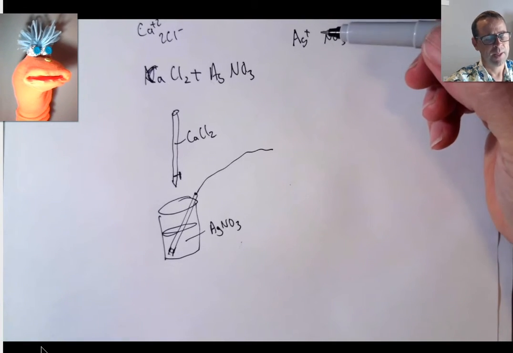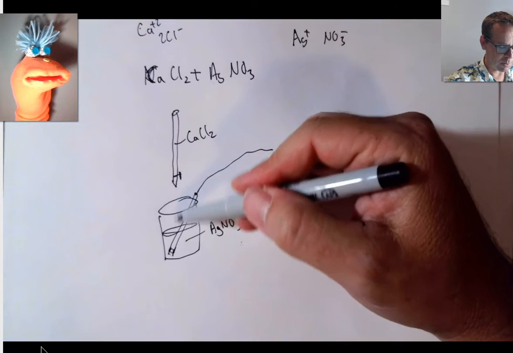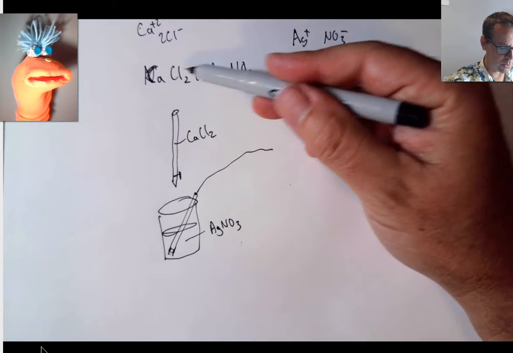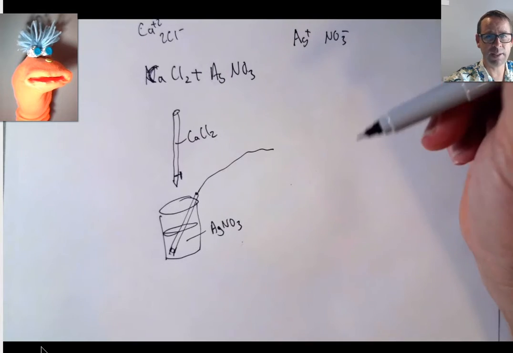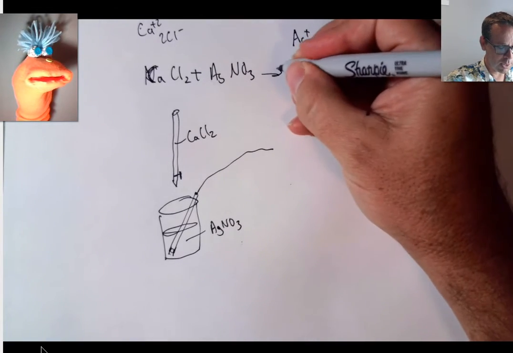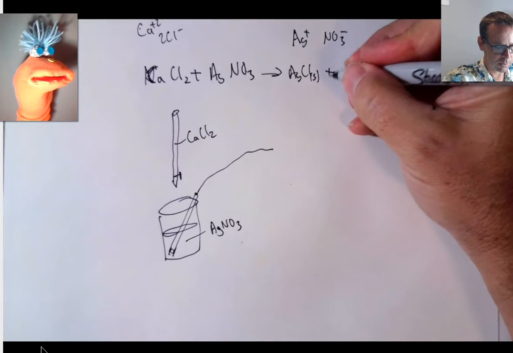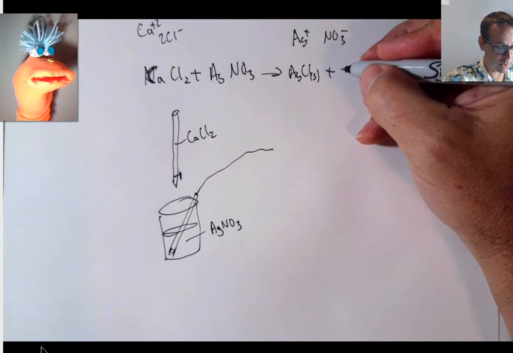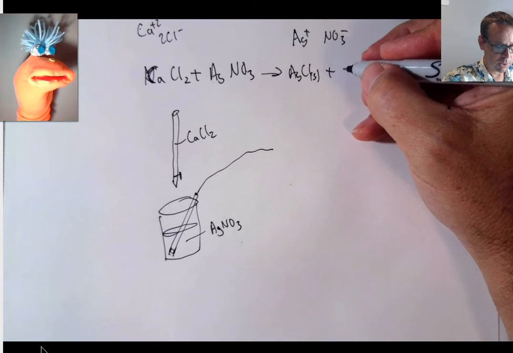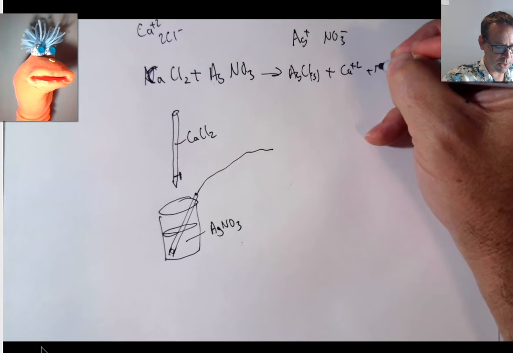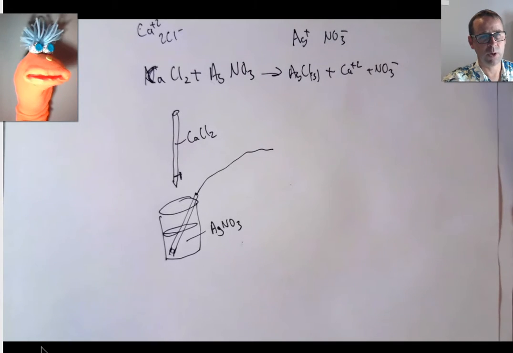Very good. So as I add calcium chloride, then the silver and the chloride ion combine together, and I get AgCl solid, and also I get calcium ion, the 2+ ion, and the nitrate ion, right?